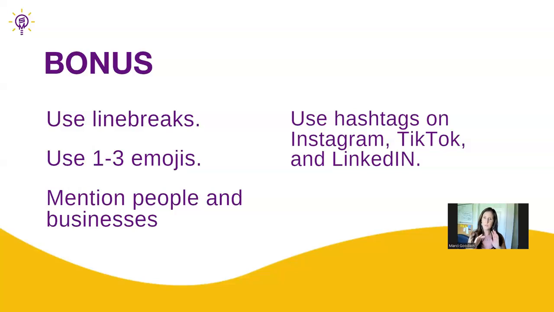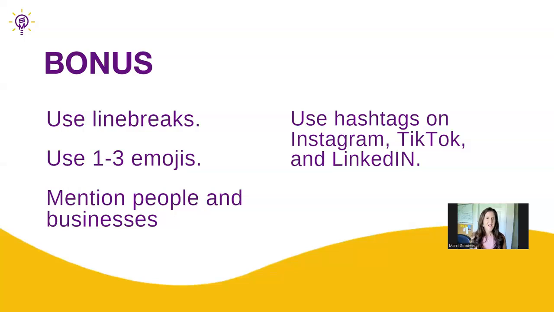So maybe after the hook, a line break, the story, a line break, then the call to action. Or if you have five ways to do something, make sure each one of those five steps has its own line. Okay. Use one to three emojis. Statistics say that posts that use one to three emojis get a ton more engagement. I don't know why. It's science.